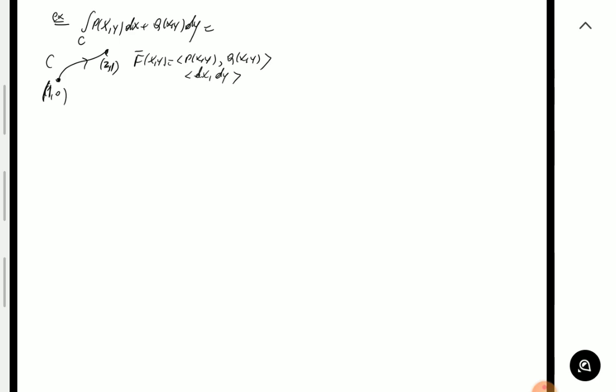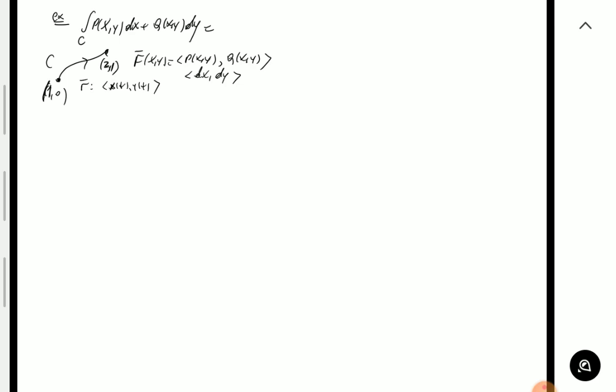Because remember, dx, dy is another formal notation for dr, the derivative of the curve itself, if you imagine that r is given by the components x of t, y of t. So dx, dy is a shortcut for dr, for the r prime.